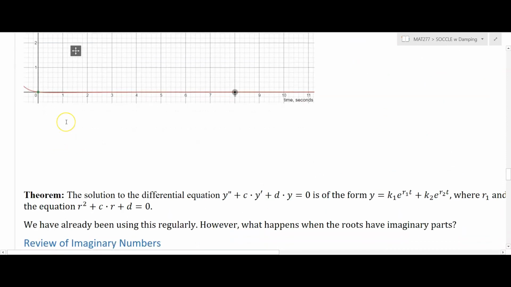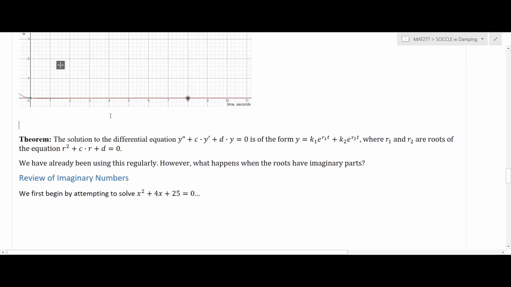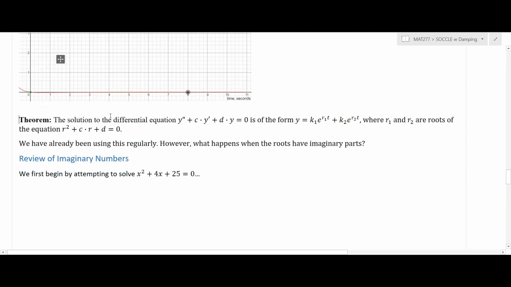Now at this point, we might have a hunch as to how we can solve a lot of these differential equations. I don't want to limit us to just spring mass systems. This could be any second order equation where we have the second derivative plus some constant times the first derivative plus some constant times y equals 0.